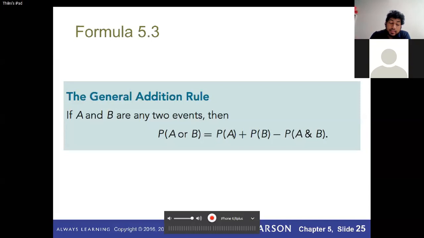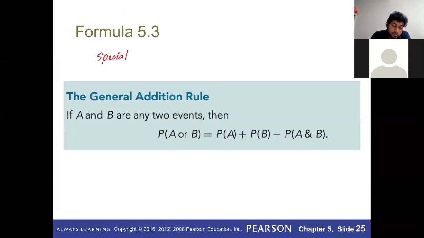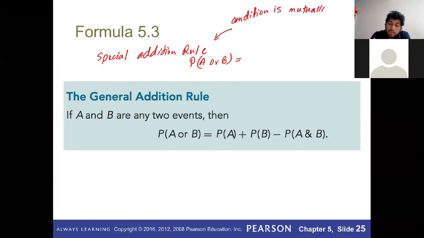General addition rule. The previous one is the special addition rule. Probability of A or B equals probability of A plus probability of B, if they are mutually exclusive. That is the condition.